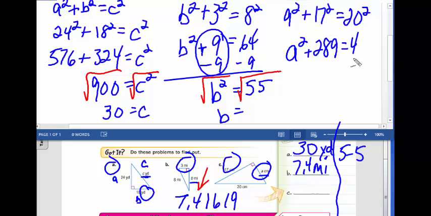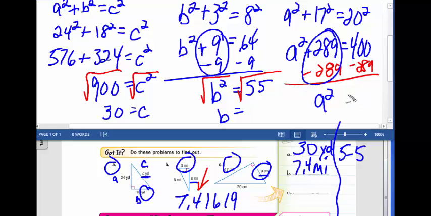That's easy enough. That's 400. So again, we're going to subtract 289 from both sides, and we end up with a squared. This, remember, is a zero pair, equals 400 minus 289, and that equals 111.